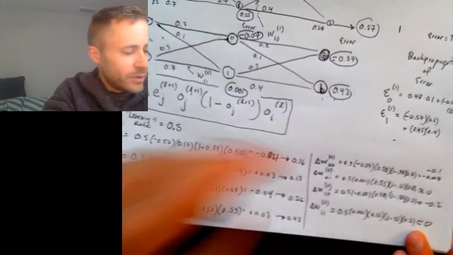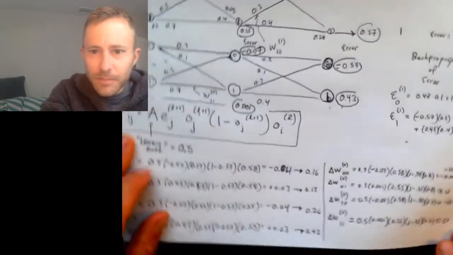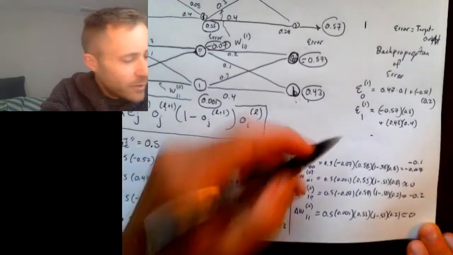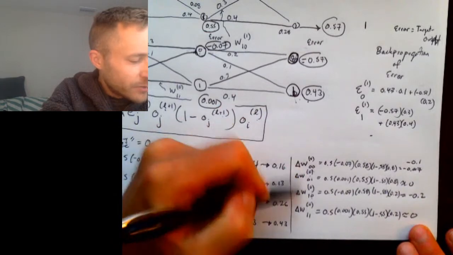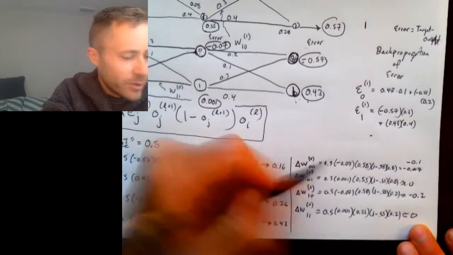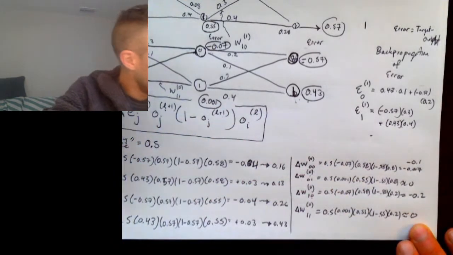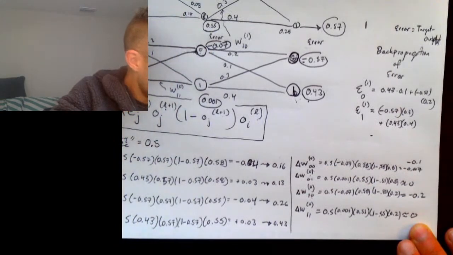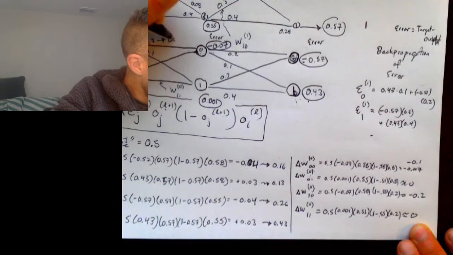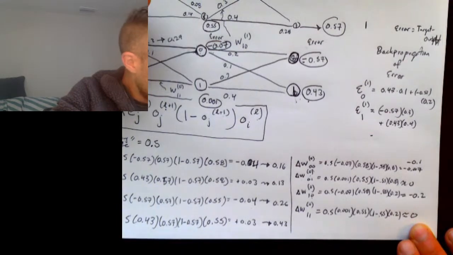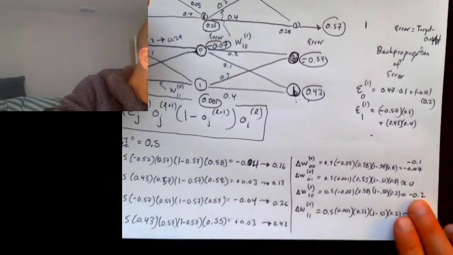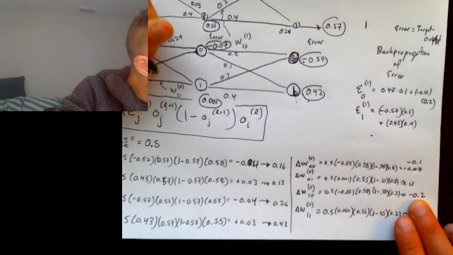Okay, so what that means is that these two link weights are going to get reduced by very small amounts. So 0, 0 should go to 0.29, and 1, 0, what's this one? Should go to 0.48.